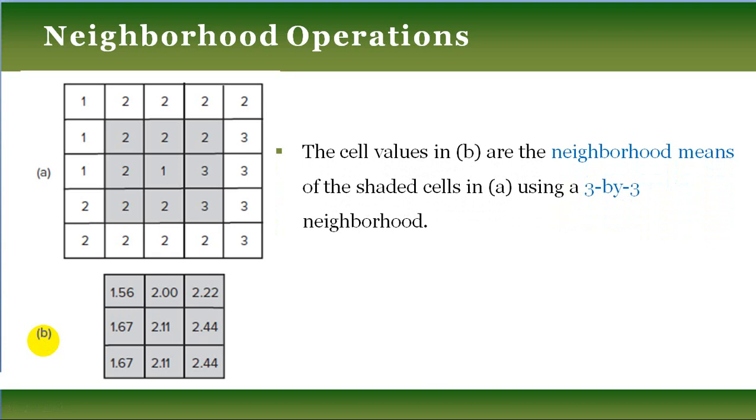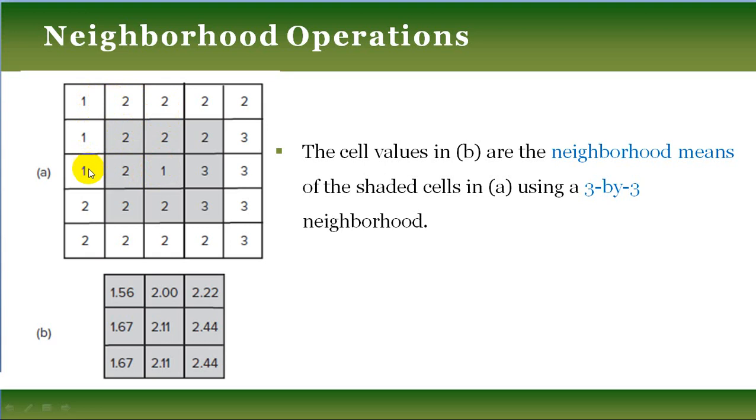The cell values in B, the output raster, are the neighborhood means of the shaded cells in A using a 3 by 3 neighborhood.